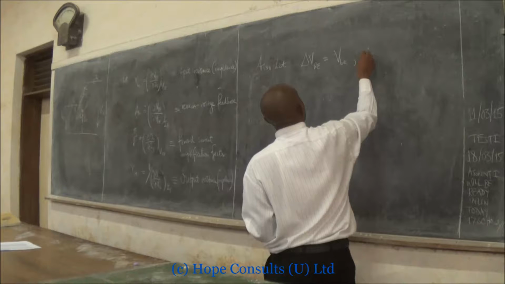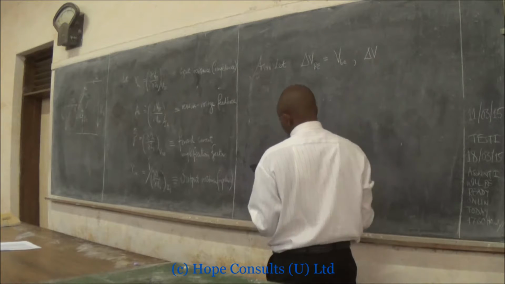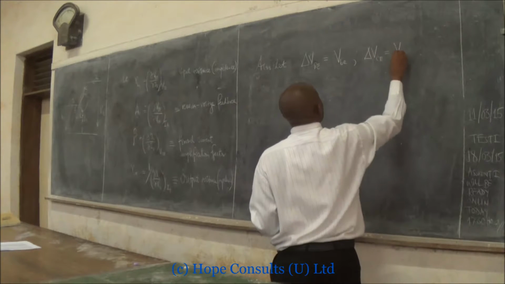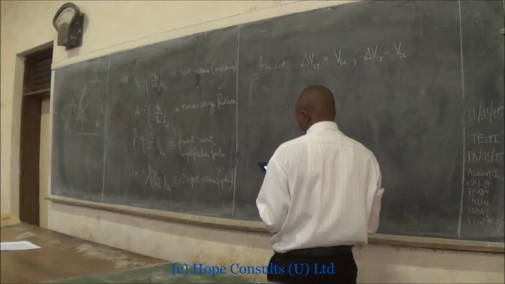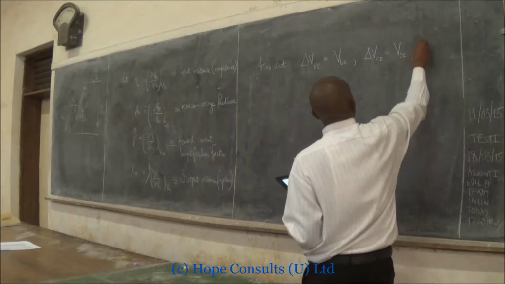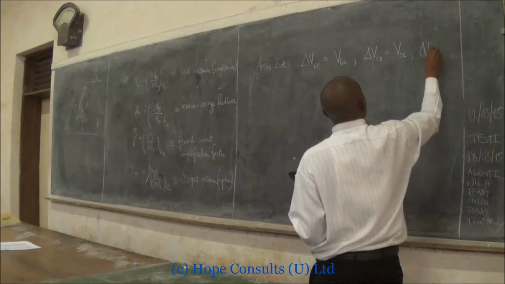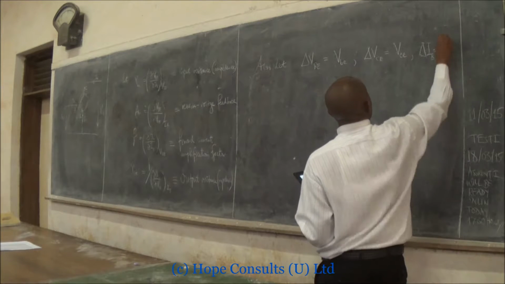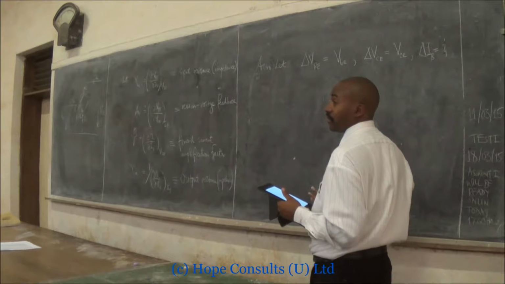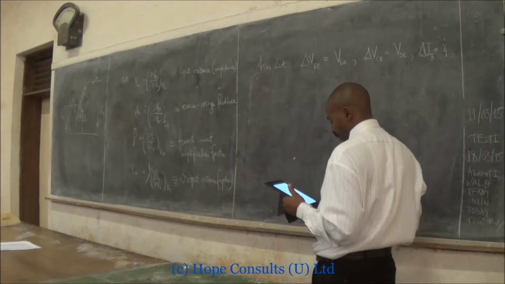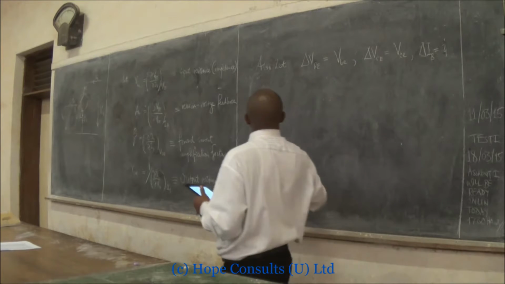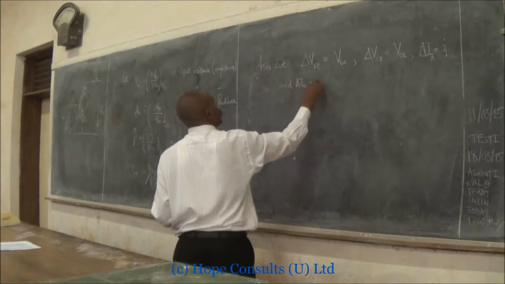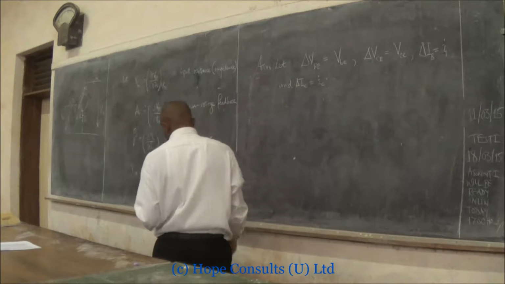We let the change in the collector emitter voltage equal to VCE, and we let the change in IB equal to small ib, just for convenience of our writing, and finally changing IC to equal to ic.